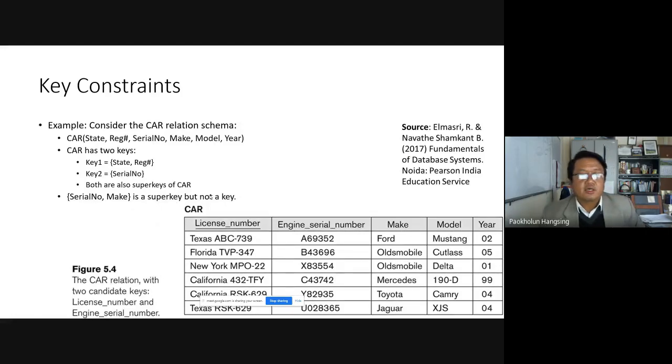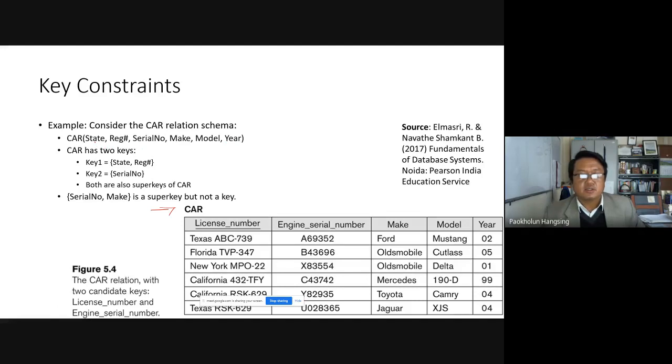Consider this car relation. This is the name of the relation, car. Here we have registration number, serial number, and then make, model, year. Sorry, state is not here.